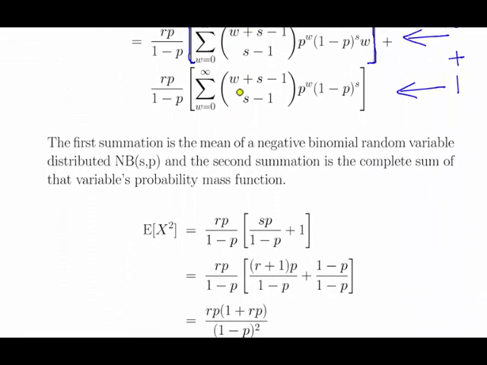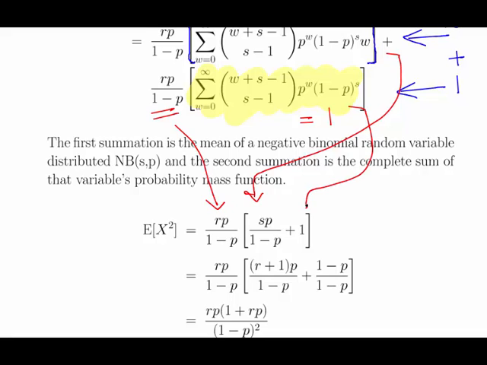And this is actually equal to 1, because the probability mass functions add up to 1. So we have r times p over 1 minus p, which gives you that. This expression here is sp divided by 1 minus p, and this expression here is 1. So essentially what we end up with is this here.